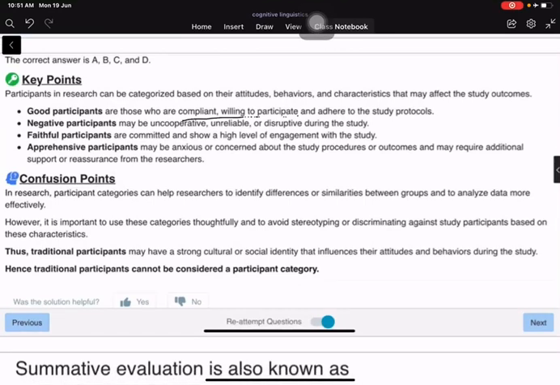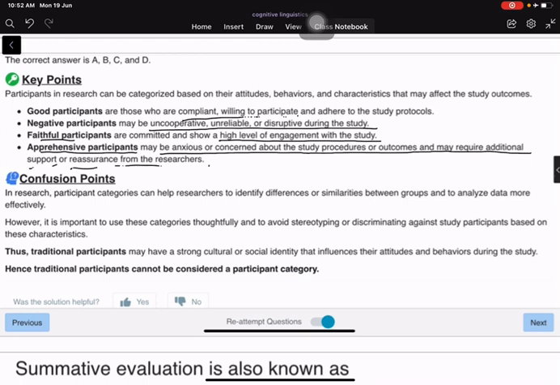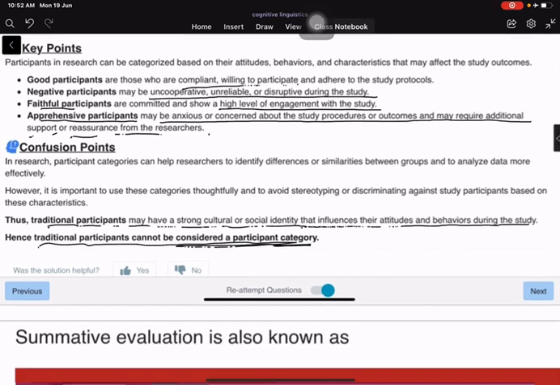Good participants are willing to participate, negative participants are uncooperative, unreliable, or disruptive during the study, faithful participants show a high level of engagement with the study, apprehensive participants may be anxious or concerned about the study procedures or outcomes and may require additional support or reassurance from the researchers. Traditional participants may have a strong cultural or social identity that influences their attitudes and behaviors during the study. Hence, traditional participants cannot be considered a participant category.